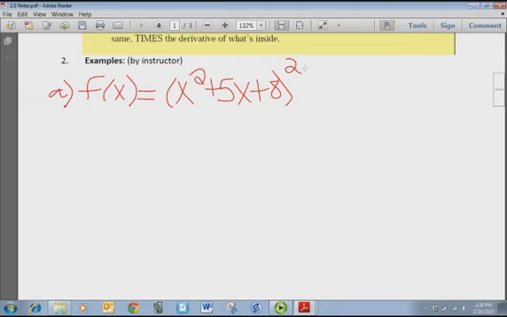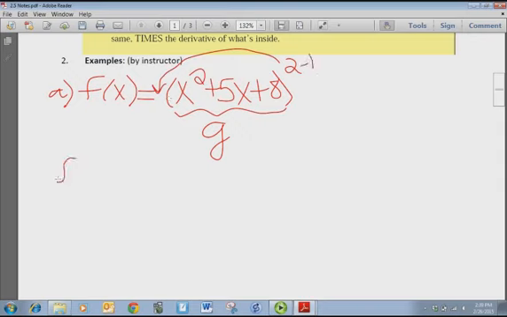The chain rule says we're going to basically treat this part here as if it were just a variable, like g. So if we're taking the derivative of g squared, then we would bring the 2 down in front, and we would decrease the power by 1.